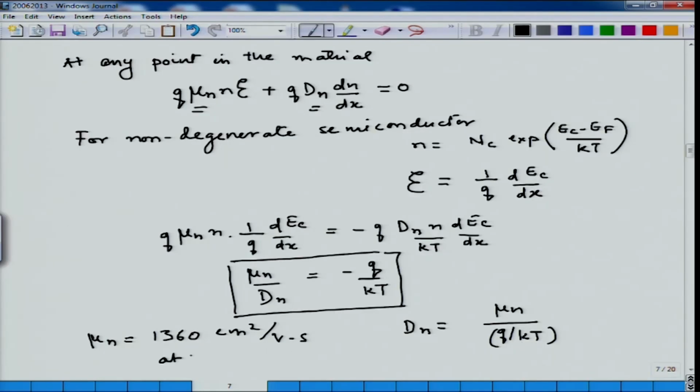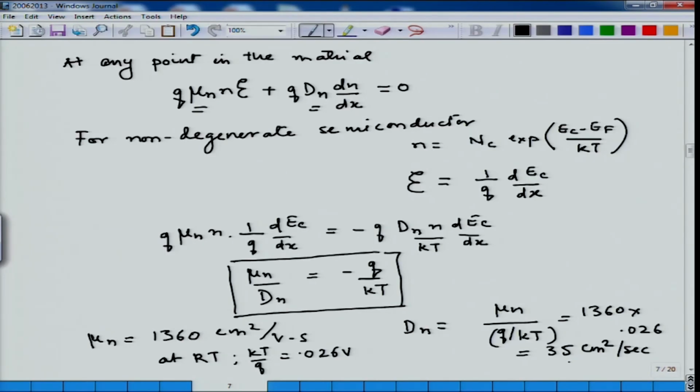At room temperature, kT over q is given by 0.026 volts. So, the diffusion coefficient will be 1360 centimeter square per volt second multiplied by 0.026 volts, and this comes out to be equal to 35 centimeter square per second.